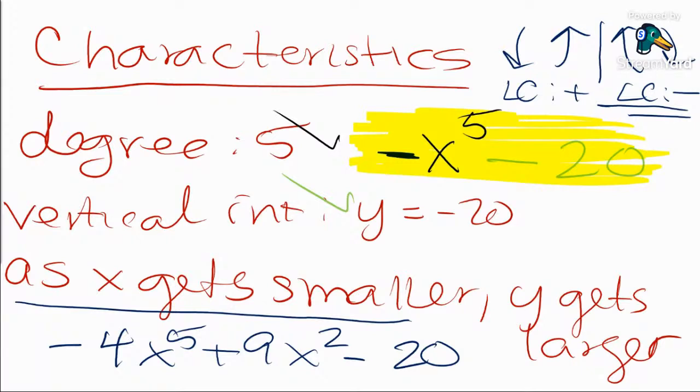I still have my degree 5 because that's my biggest exponent. I still have my vertical intercept be negative 20 because that's the only number without an x. And my leading coefficient still is a negative. You can have a number here if you want to, but that number has to be negative. So this is another example that would be a suitable answer for this problem.